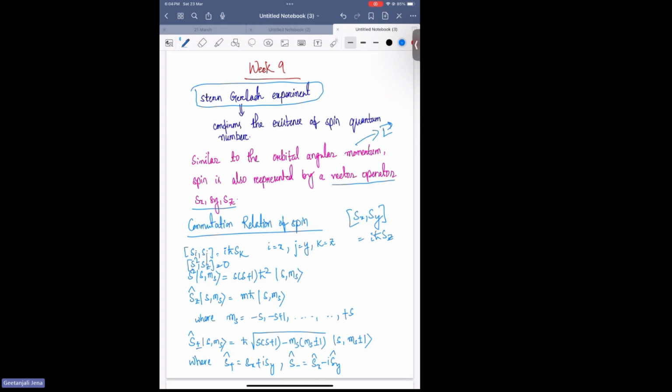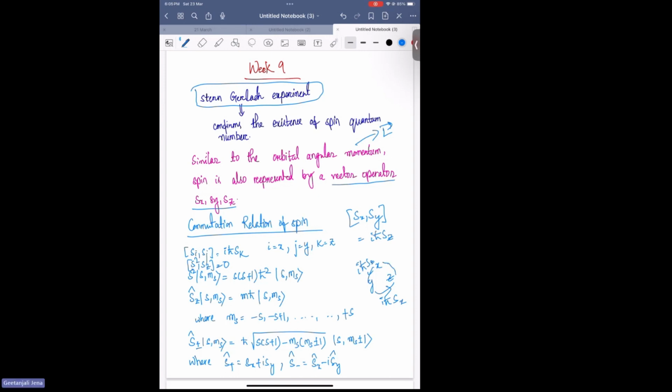These commutation relations follow a cyclic pattern. If we have X, Y, and Z, and we want to calculate the commutation relation of Sx and Sy, it is given by i h-bar Sz. The commutation relation of Sy and Sz is given by i h-bar Sx.